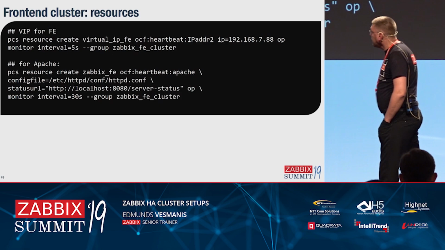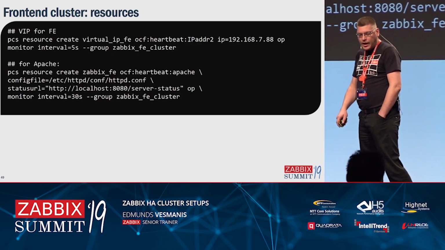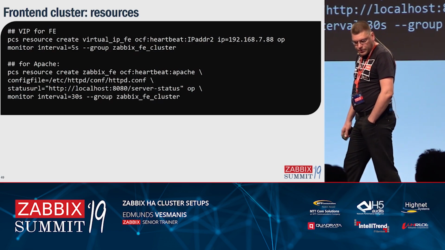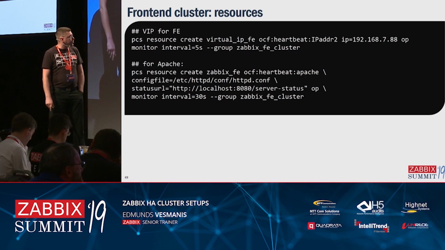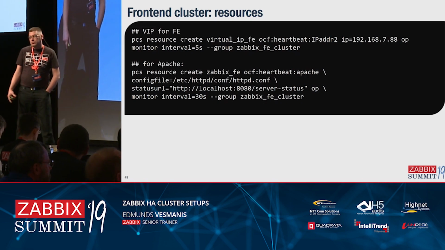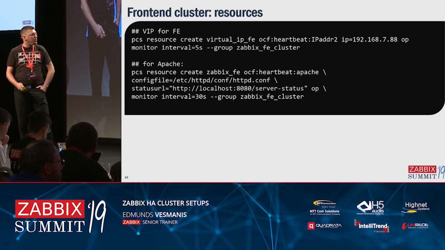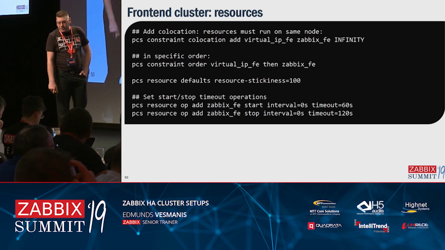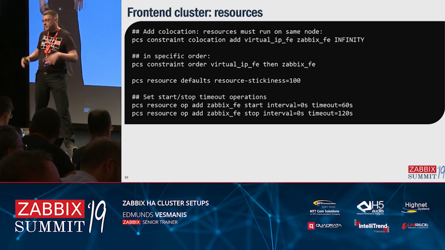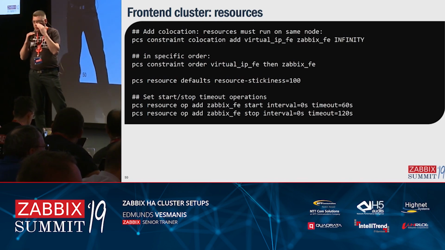So the virtual IP is the first resource we create for this cluster, and the second resource is the control of the Apache service. So whenever we switch to the next node, Apache will be started on that particular one. An additional setting we need is colocation, again, so that the virtual IP and Apache are running on the same node.